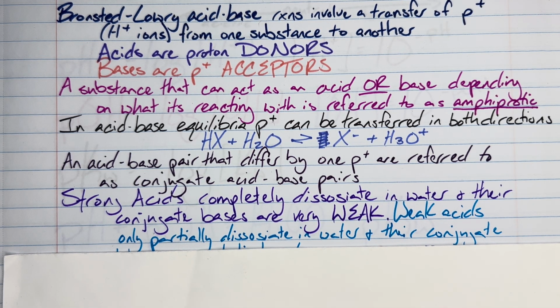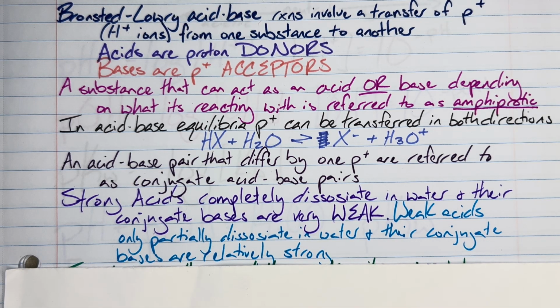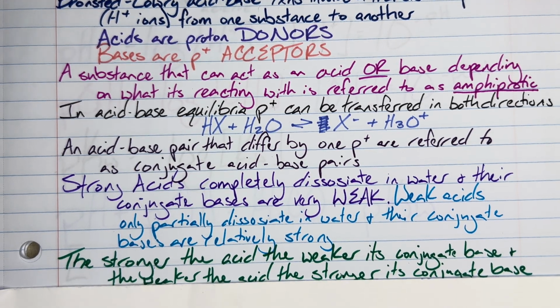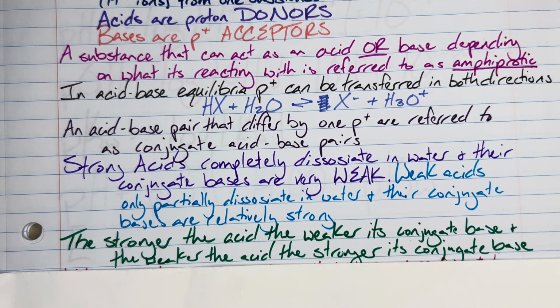Whereas weak acids only partially dissociate in water, and their conjugate bases are relatively strong, meaning that initial dissociation of the hydrogen from the acid just doesn't really happen, and when it does, the conjugate base will readily accept that proton again. And so you can say that the stronger the acid, the weaker its conjugate base, and therefore the weaker the acid, the stronger its conjugate base.